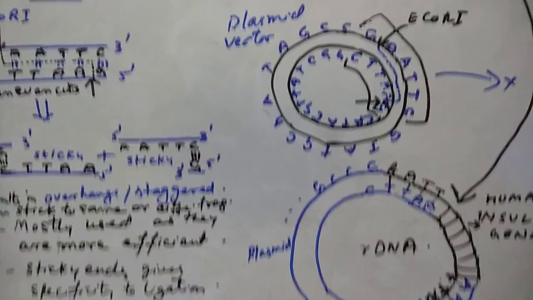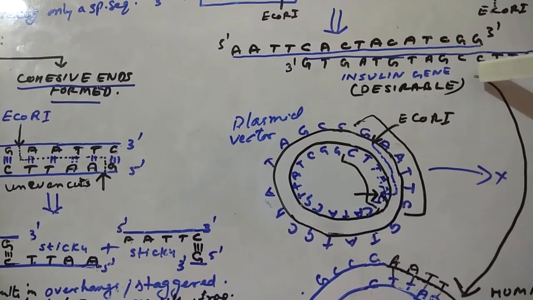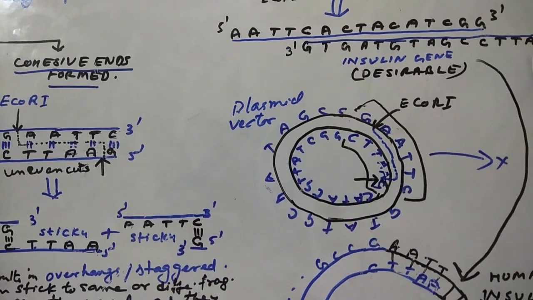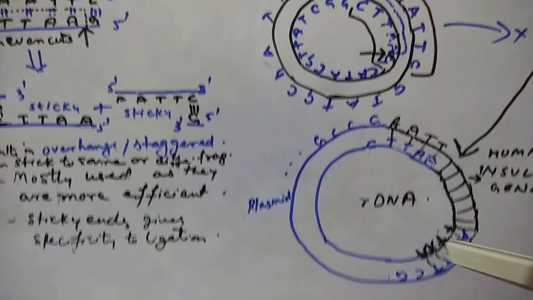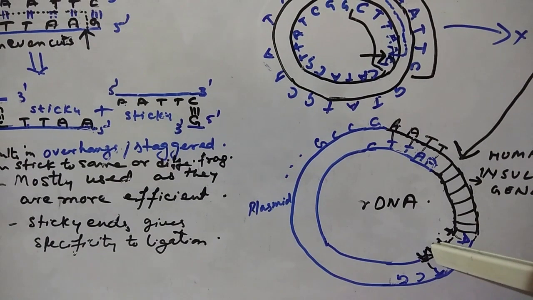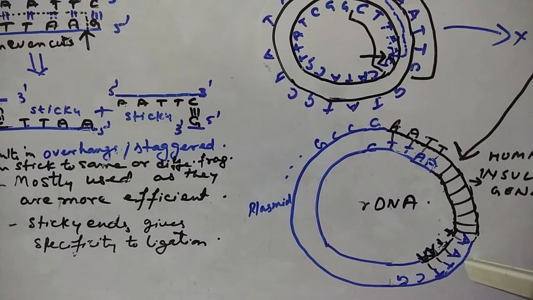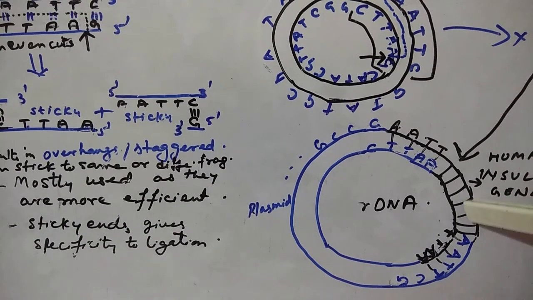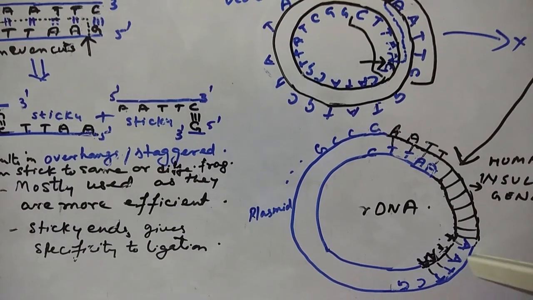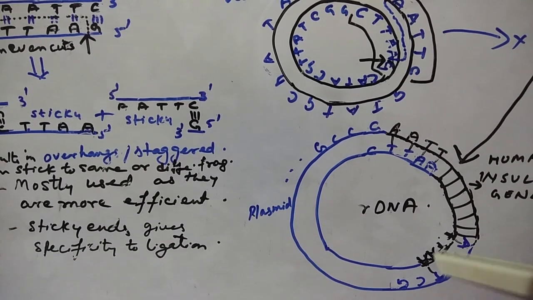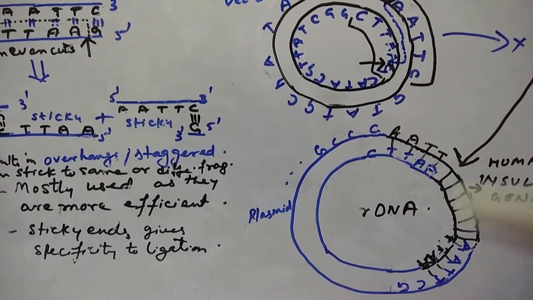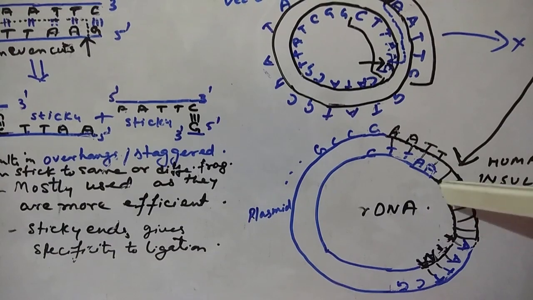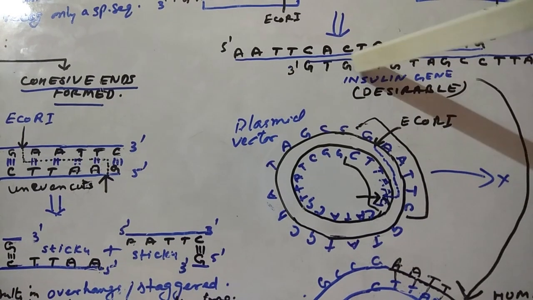Clear? Same way the other end will go and attach here, being complementary to the leftover part of AATTC. So A pairs with T, A pairs with T, A pairs with T, like that. So this is fixed. Of course, I have drawn it bigger because space has to be increased. This whole gene has to be fixed in that space.